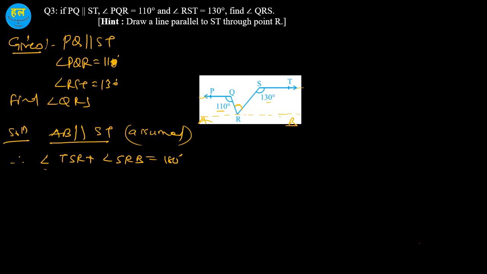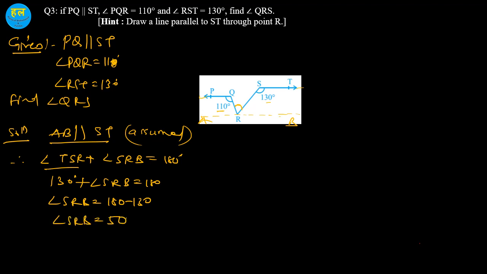Therefore, TSR is 130 degree plus angle SRB is equal to 180 degree. So angle SRB is equal to 180 minus 130. So angle SRB becomes 50 degree. So this angle becomes 50 degree.